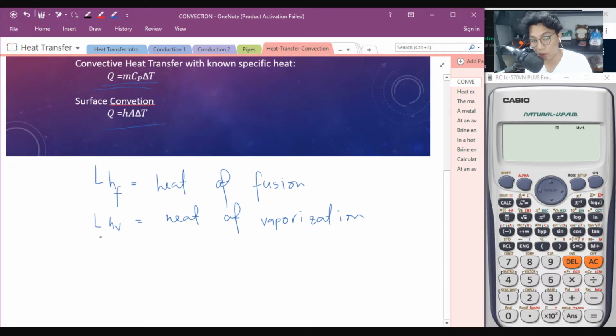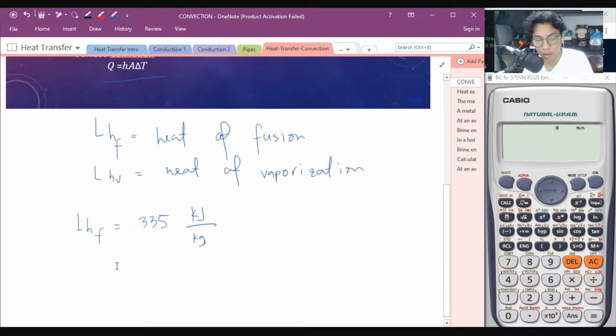So ano po ba yung mga values niyan? LHF, this is 335 kilojoules in every kilogram. So you need 335 kilojoules in every kilogram of water to turn it into ice. Convert nyo na lang sa BTU per pound. So LHV is 2,500 ata. 2,500 kilojoules in every kilogram.